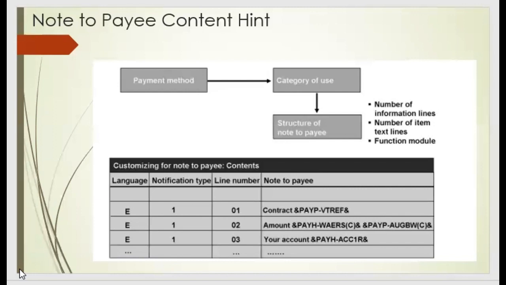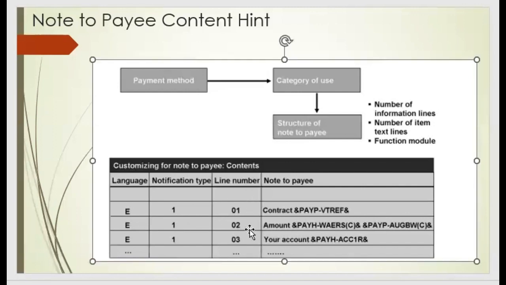Now you can see here the payment method, category of use, structure of the note to pay. So here you can see there is language notifications 1, line number 01. We put some note like contract and pay number, something. So from here we can understand that this payment is coming partially, or this payment is clear, this payment is for this contract account, like that.